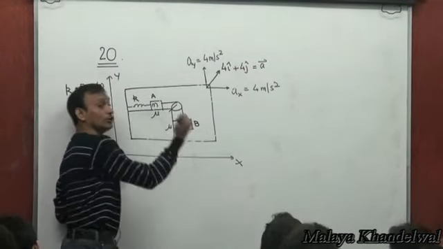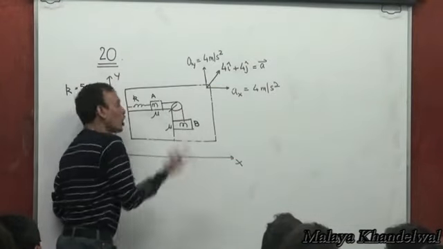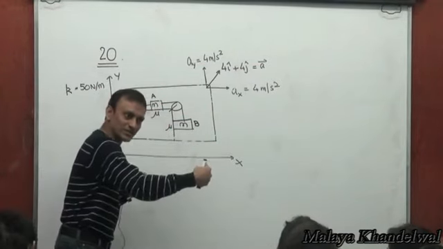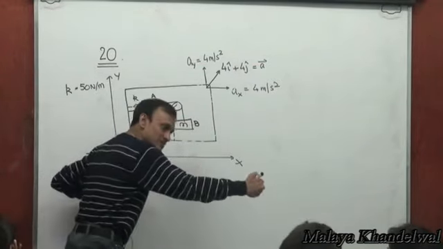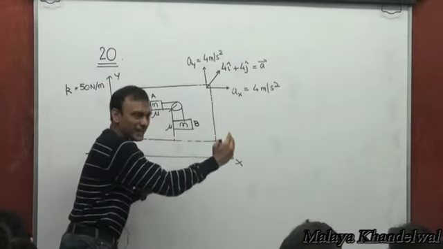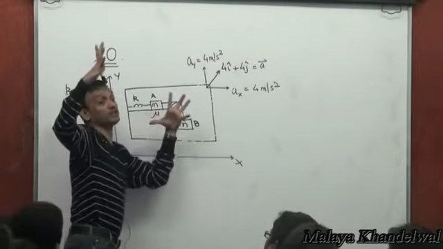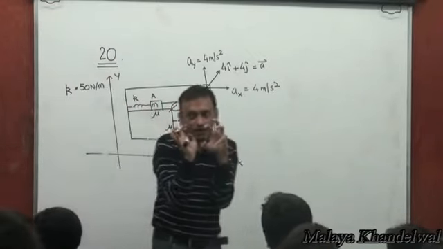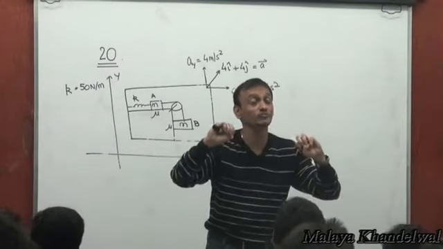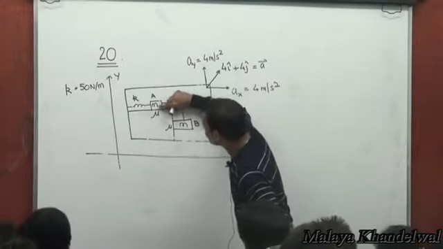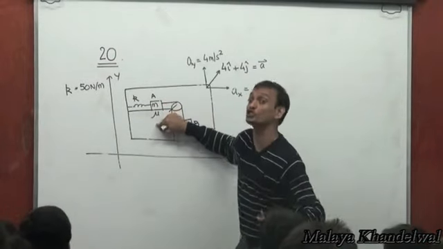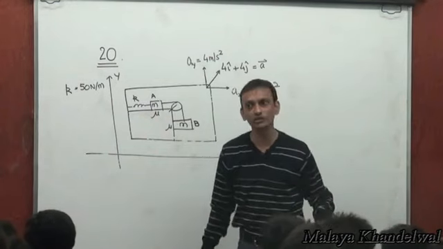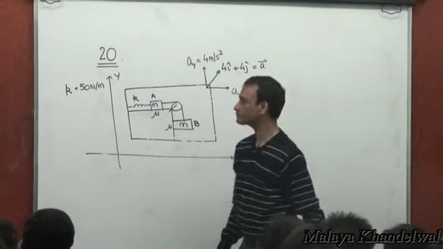A value of mu smaller than that will cause the force acting on this to be larger than the maximum static friction and will cause the spring to get stretched. A value of mu greater than that will cause maximum static friction to be greater and prevent any further sliding. So the value of mu that we are seeking is one in which the force of friction between A and the block is just about maximum static. Is that all right? That's the value of mu that we are trying to find here.